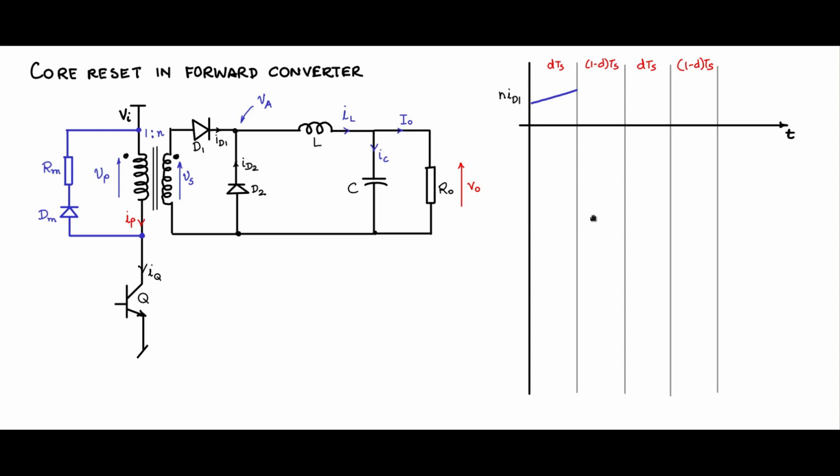This is one component. We know that during that time the inductor current is rising, and this is how the current wave shape will look, and this we have seen before. And if you take the level at this point, you know that that is N times I0, again the load reflected part.